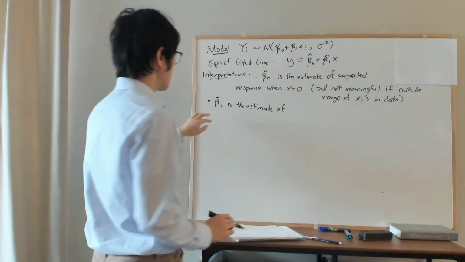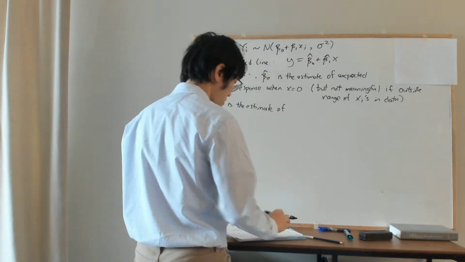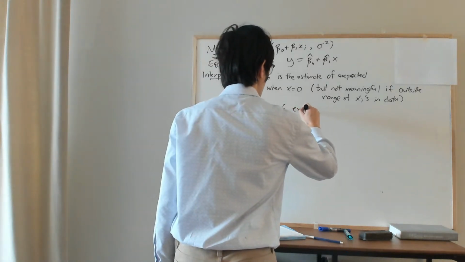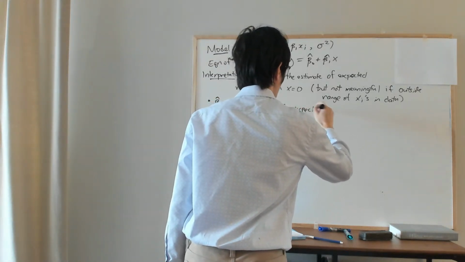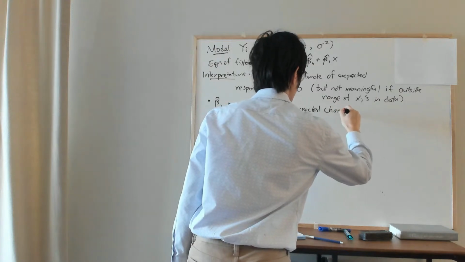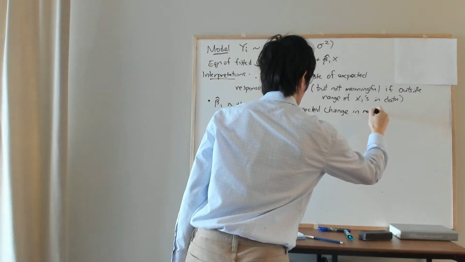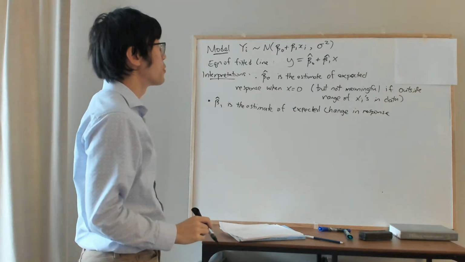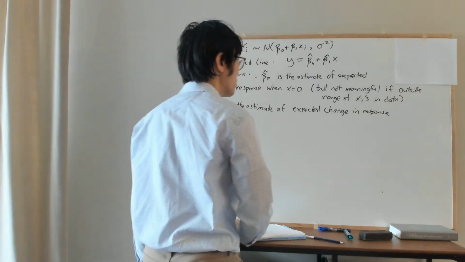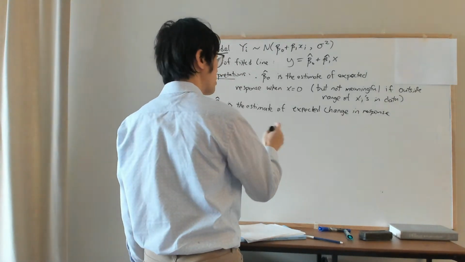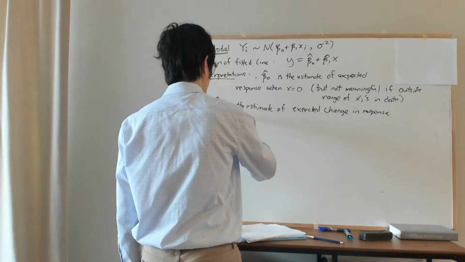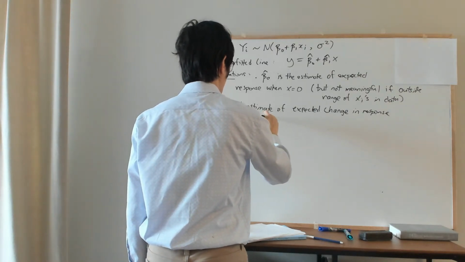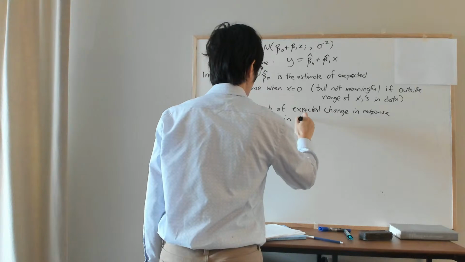So we can write it this way: beta 1 hat is the estimate of the expected change in the response for a unit increase in x.